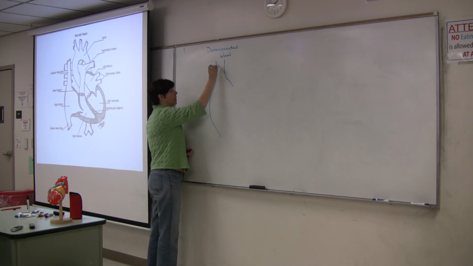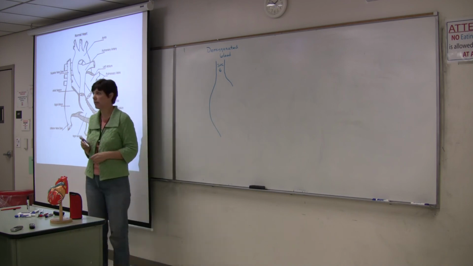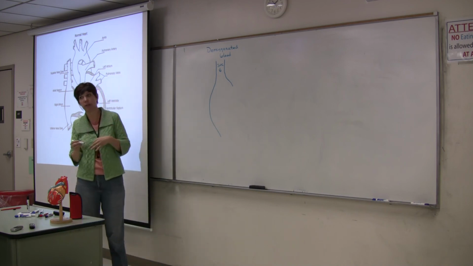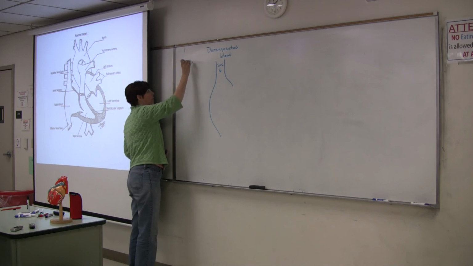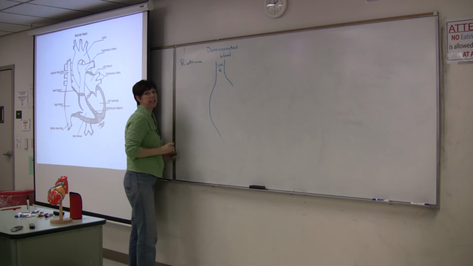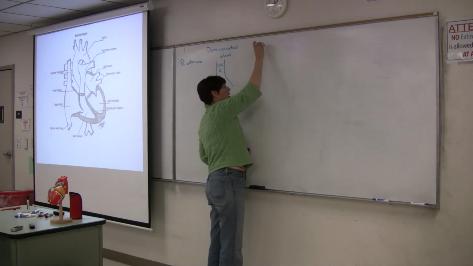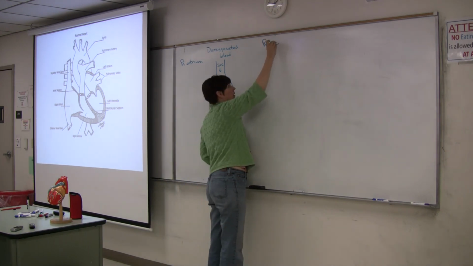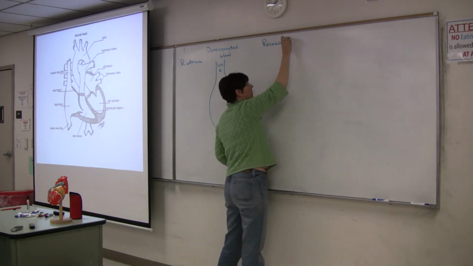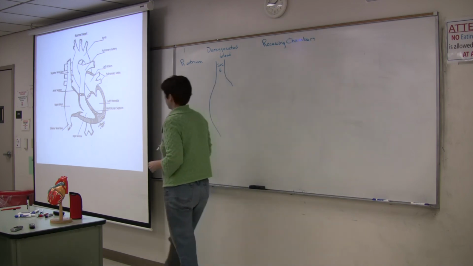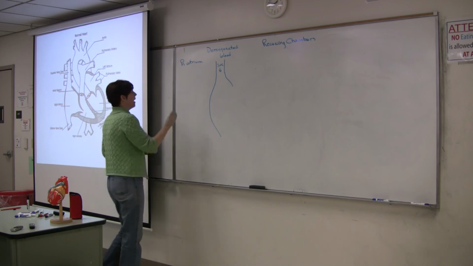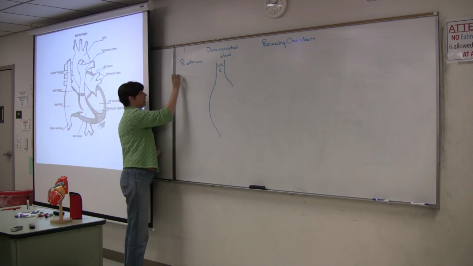So this is the superior vena cava, and blood is entering into the heart. We have 3 vessels in the right atrium that receive blood. So these are receiving chambers. All right, so the right atrium receives blood via the superior vena cava.